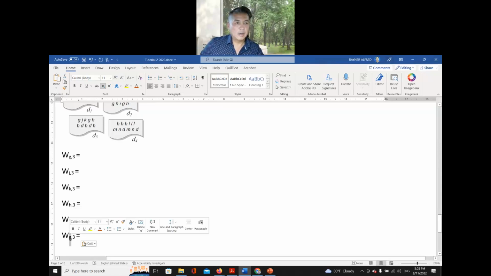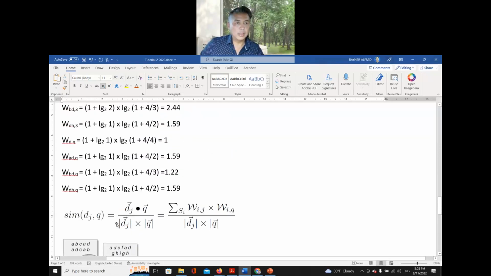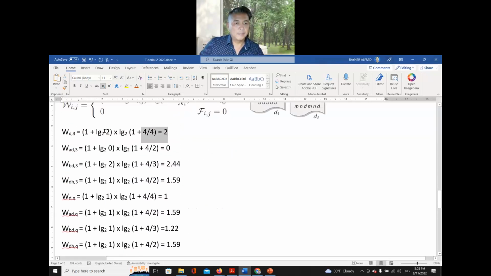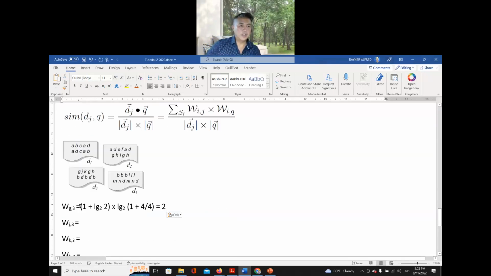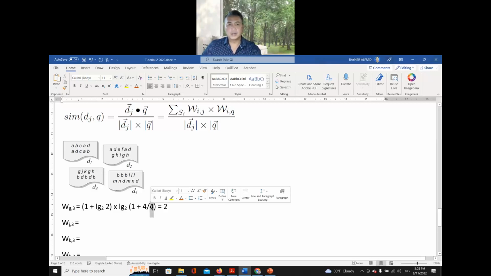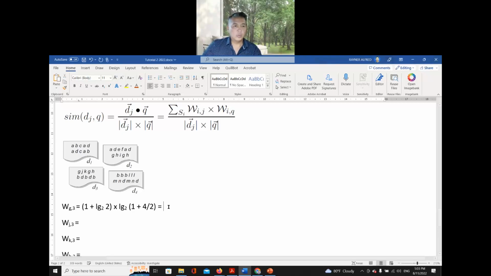Okay. So once again, you need to compute the weightage for this one. So for the G, it exists twice in document 3, but it only exists in 2 of the documents. So this is 2. You need to do it for all of these.